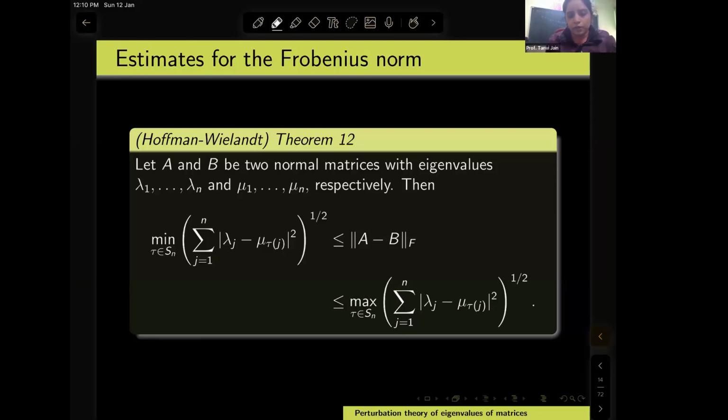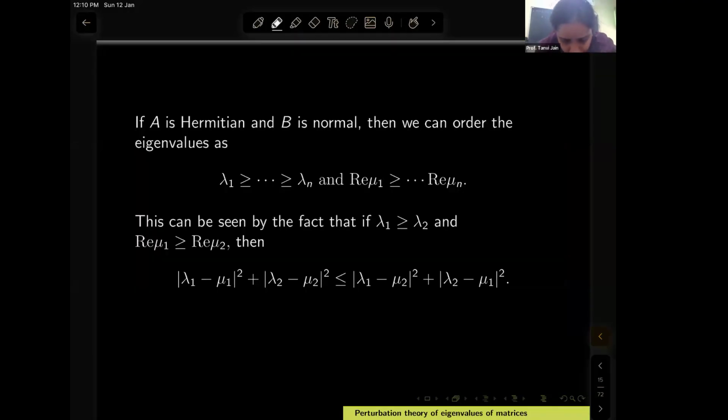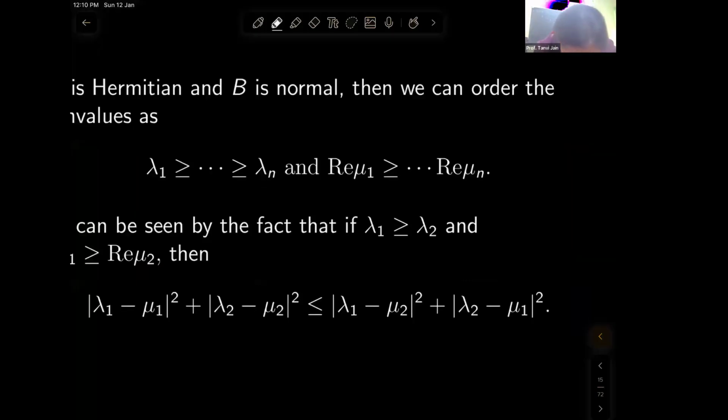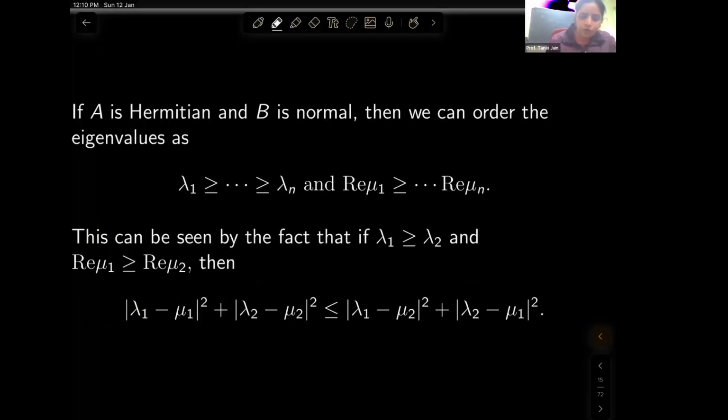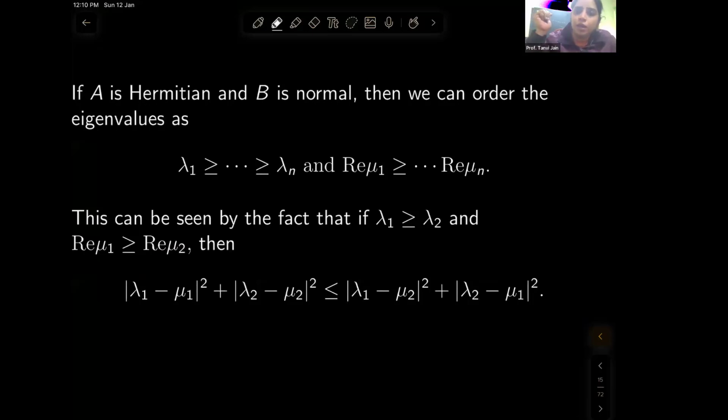We will see that it can go in one go, in fact, in this case. One thing we also see is that if I have only Hermitian matrices, then I was saying to put this in increasing order, put that in decreasing order.